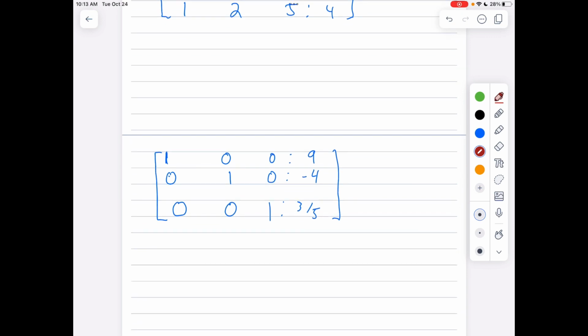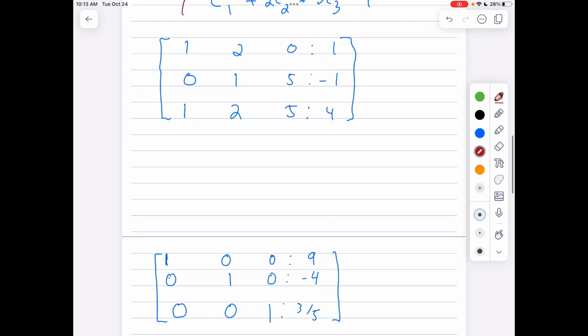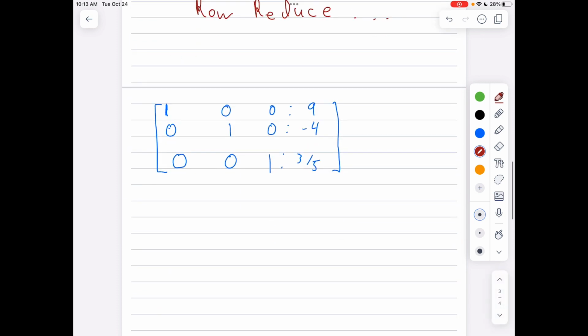You don't need to do all that, I just wanted to keep it as simple as possible. So after you take this matrix and row reduce, you get this, and this implies that you have a solution, and that's what we're looking for. So C1 is 9, C2 is minus 4, C3 is 3/5.